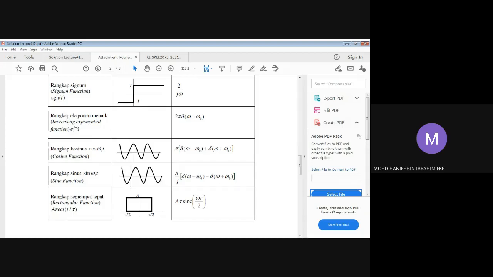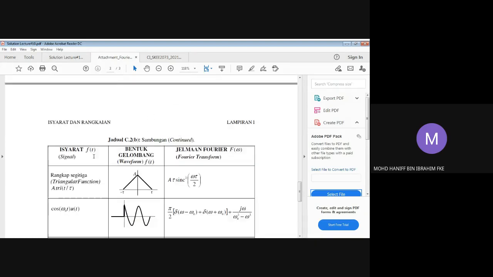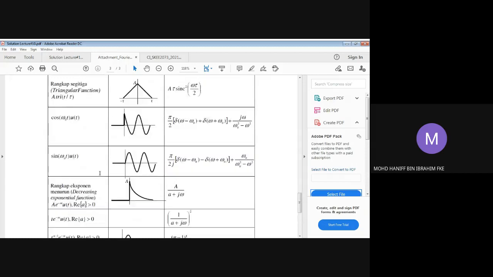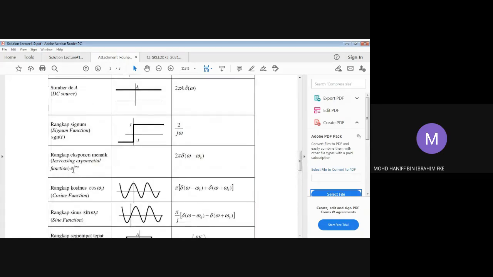Its respective Fourier transform in the frequency domain will be 2 pi delta, the impulse function, of omega minus omega naught. So for exponential j omega naught t the respective transform is this. If we have exponential negative j omega naught t, we simply change to omega plus omega naught.